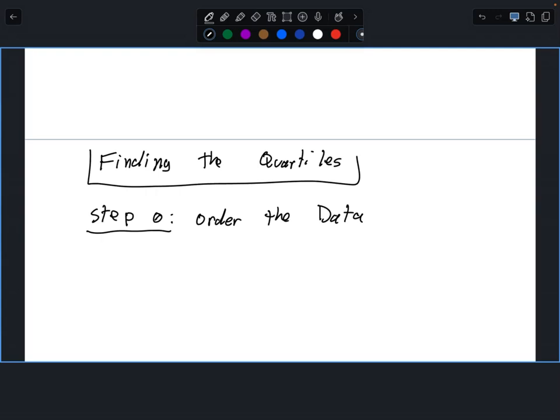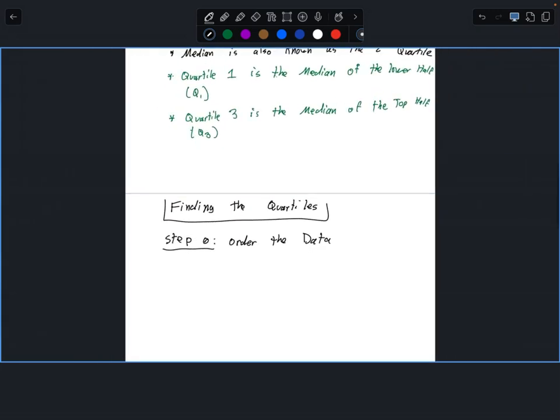Order the data means to put it from least to greatest. Step 1. Find the median.